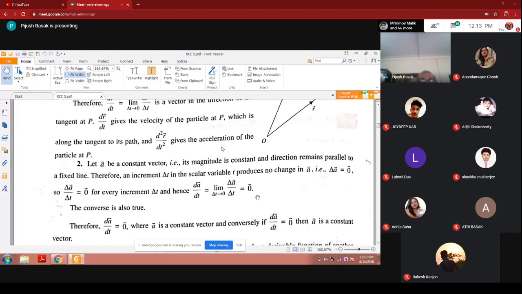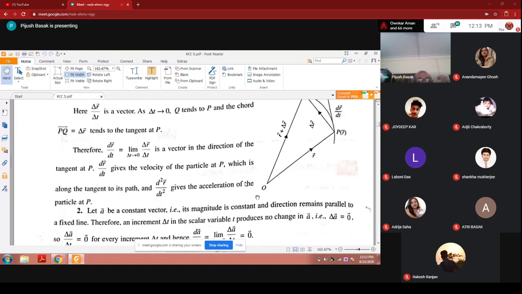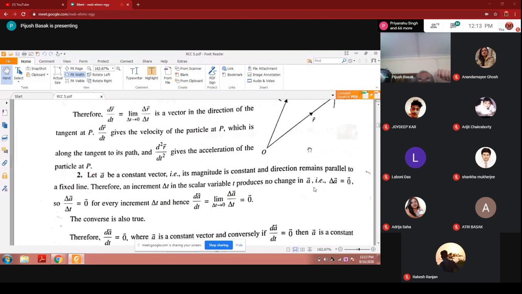You follow me? If it is not constant, if R is something else, then you will get a velocity and acceleration as per this definition.